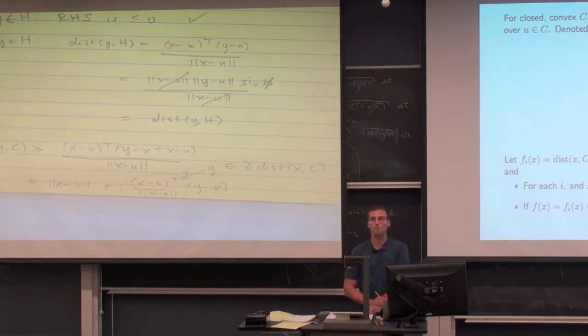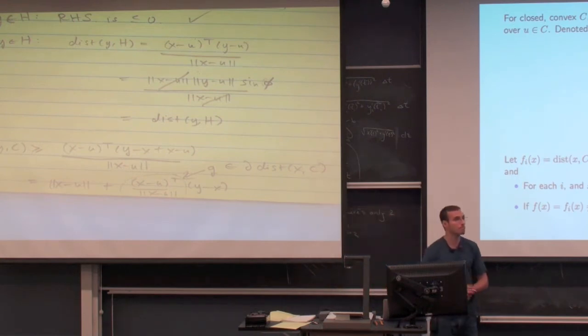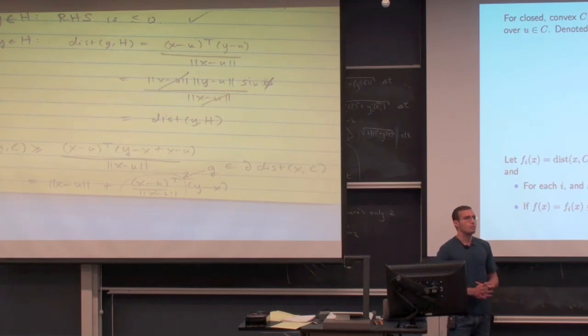Questions about that? Do people believe that now? All it requires is a bit of kind of geometry. Yeah? The steepest direction. Yeah, if you want to go from that point to this set, the fastest path is projection.